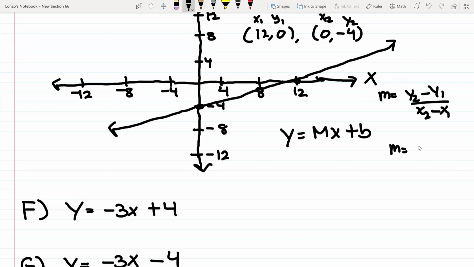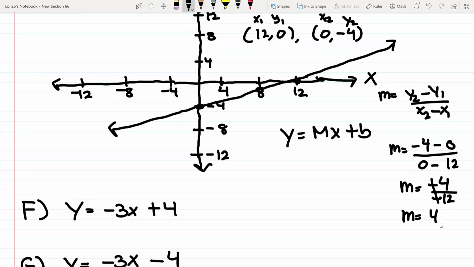So y2 is -4 minus y1 is 0, over x2 is 0 minus x1 is 12. -4 minus 0 is -4, and 0 minus 12 is -12. Two negatives become a positive, so you're left with 4 over 12. This could be reduced by 4, so that is going to be 1/3.